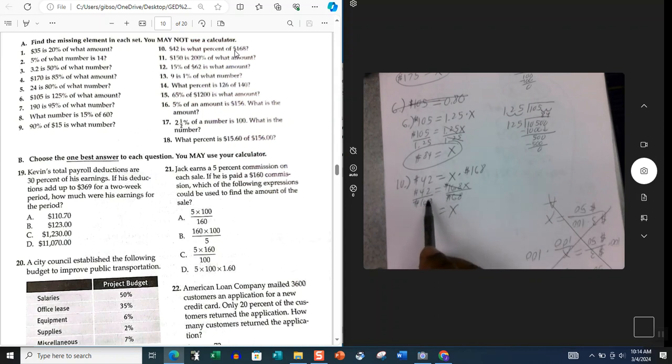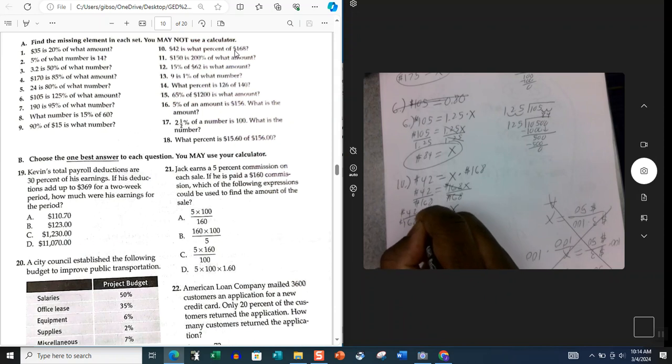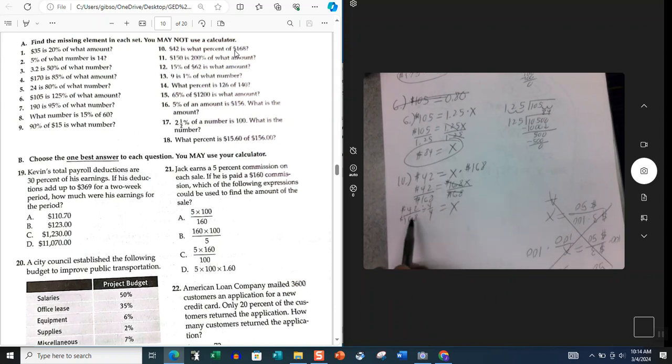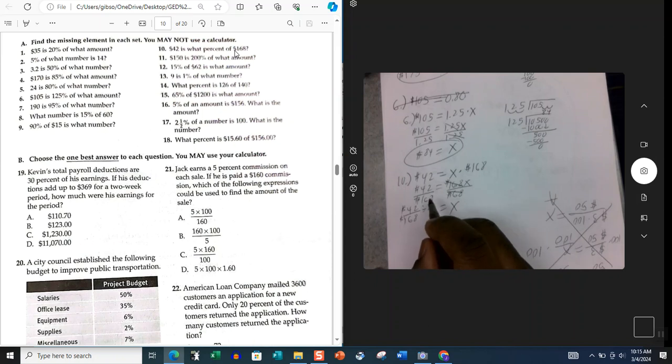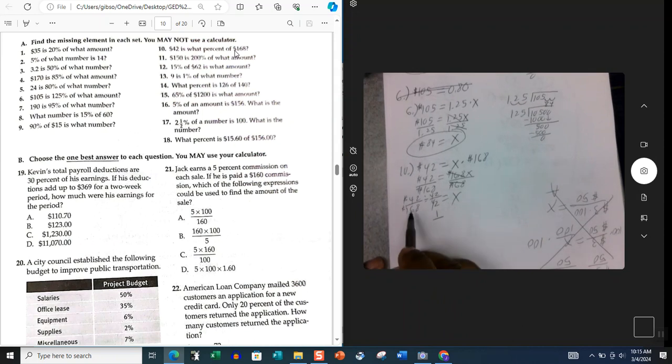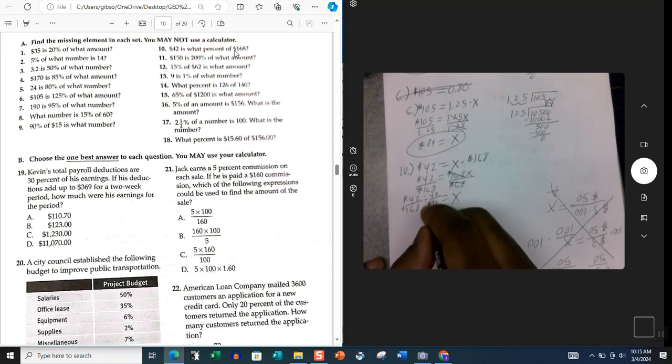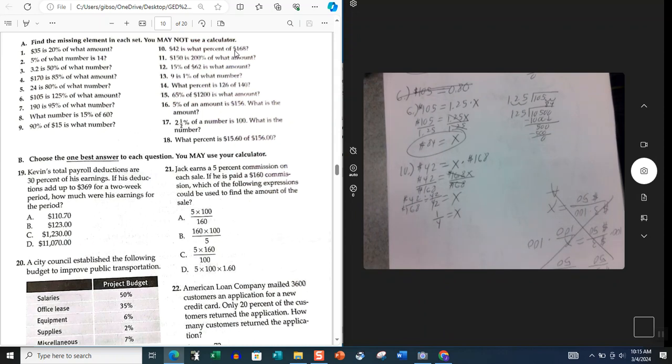These can be simplified by dividing both of these by 4. 42 divided by 4 is actually, oh, you know what? No. It should have actually been divided by 42, not 4. 42 divided by 42 is 1. 168 divided by 42 is actually 4. So it's 1/4 is equal to x.